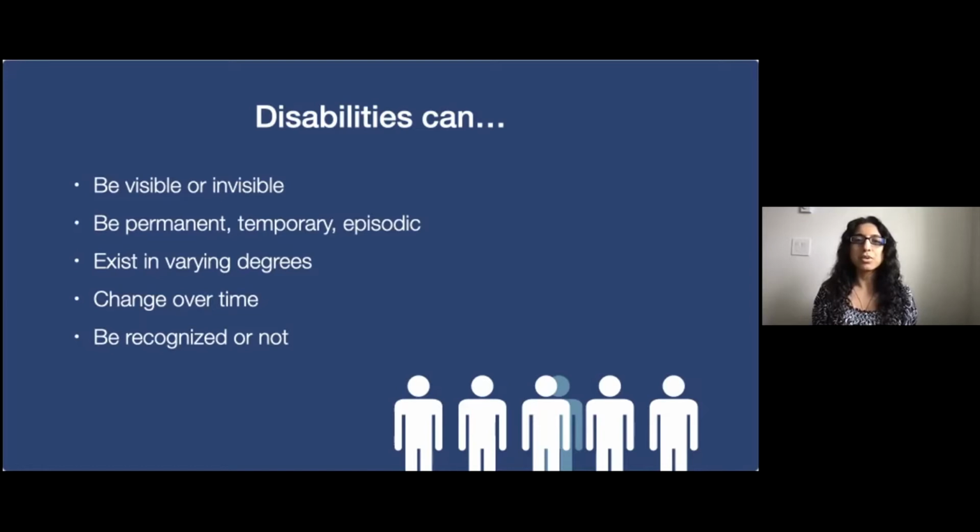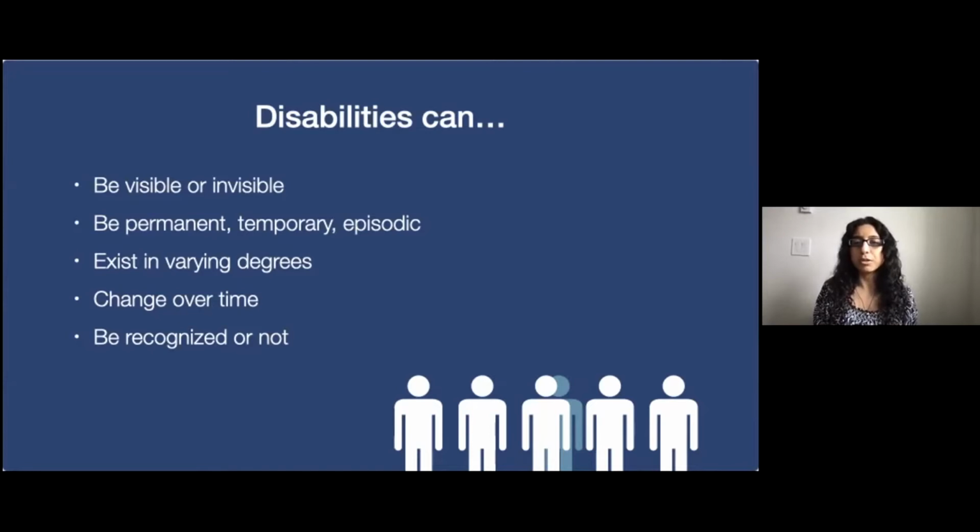Some people might not see themselves as having a disability, even if they experience some of the functional limitations associated with a disability. So it really is a lot of people. And in addition, if you don't design for accessibility, you are missing out on this huge market.